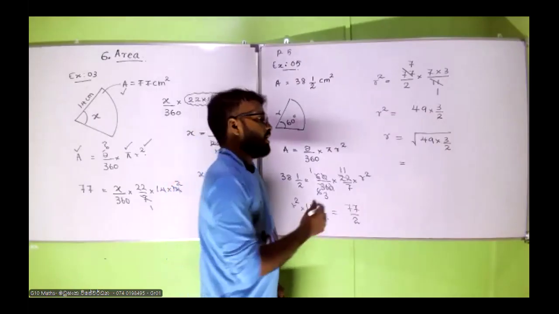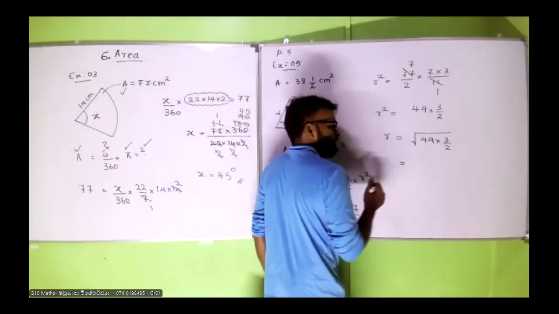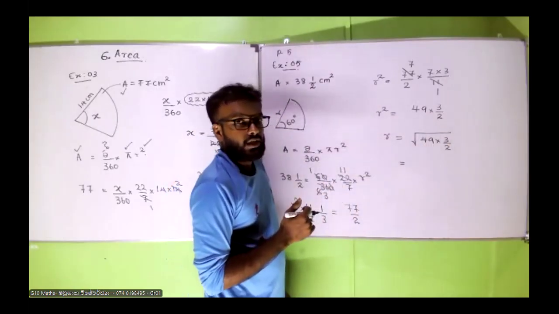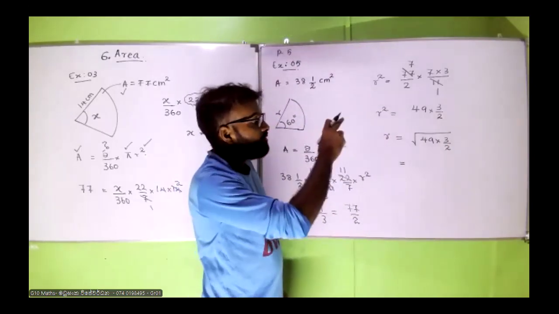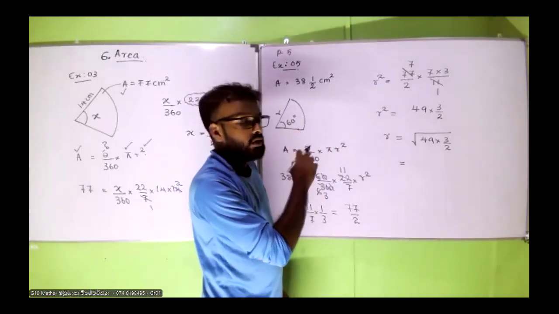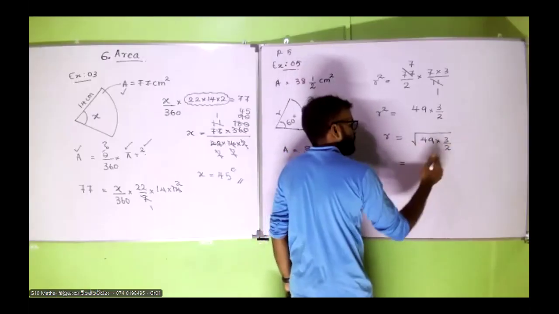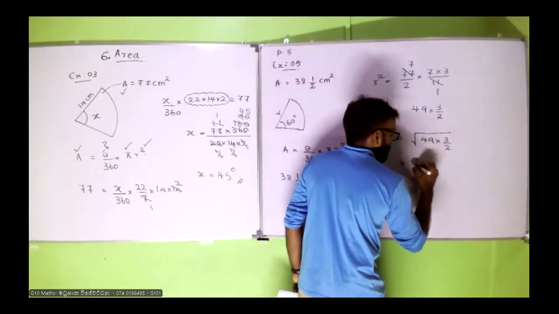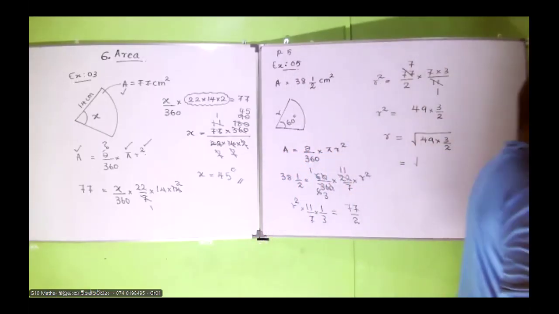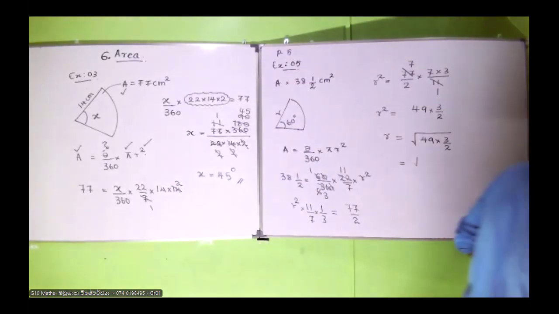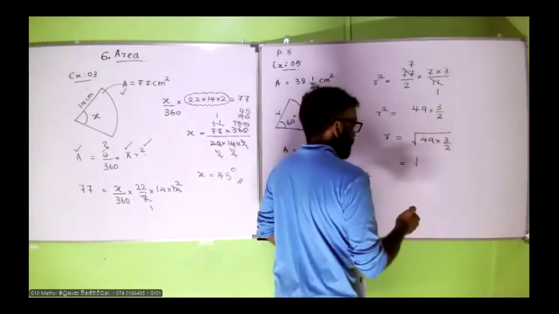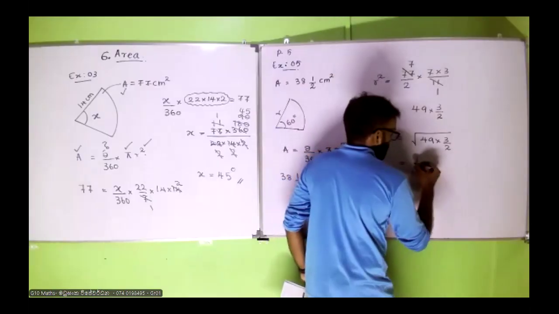Here you have two terms, so you can separate your square root for this number and for this number.